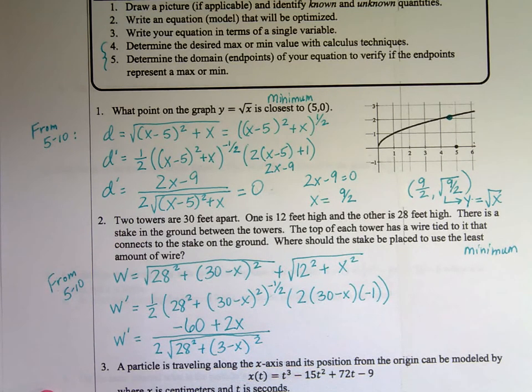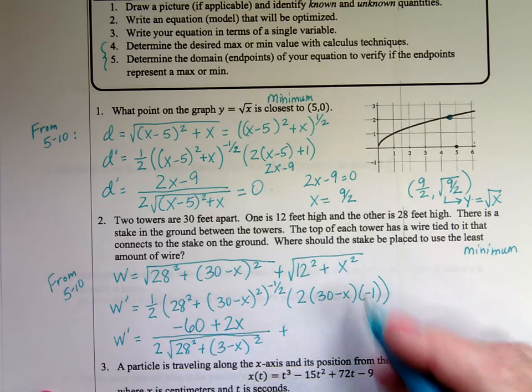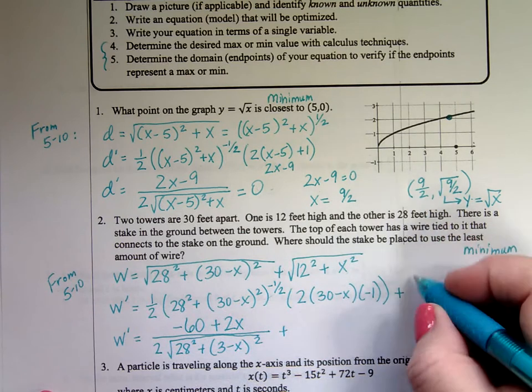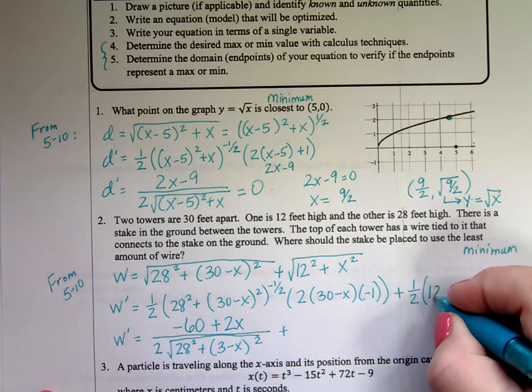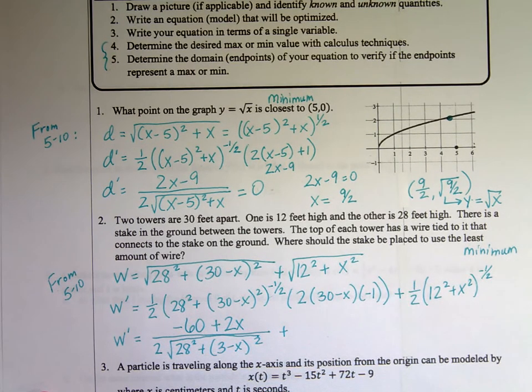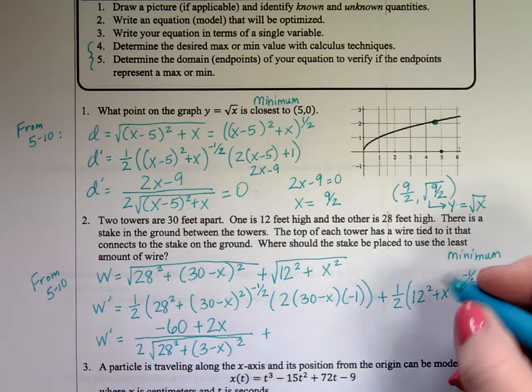Absolutely you could. But let's go on to the second guy. The second guy is to the 1/2 power. So the 1/2 comes down in front. This grouping, 12 squared plus x squared, goes to 1 less power, negative 1/2. But then I need to multiply that by the derivative of what's inside the parentheses.